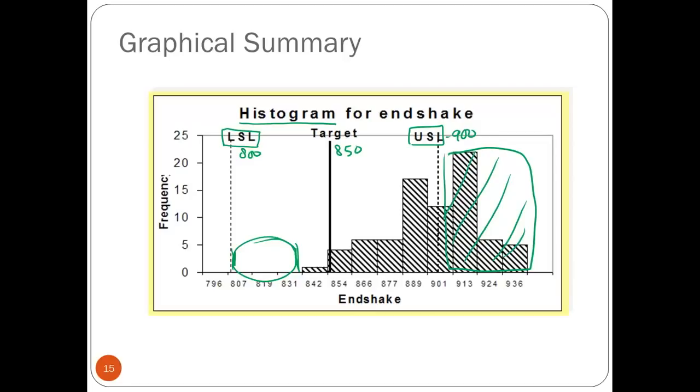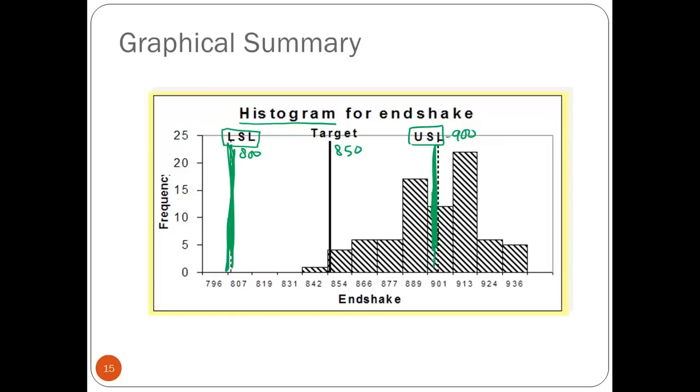Looking at the histogram, one may be curious why this is going on. One reason why people are staying away from this line and are close to the other line may be that this line is more dangerous than the upper specification limit. By more dangerous I mean if the dimension is below 800, then those components may have to be scrapped, so total loss.